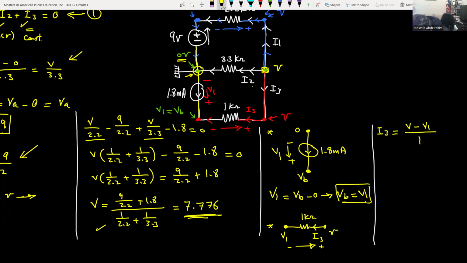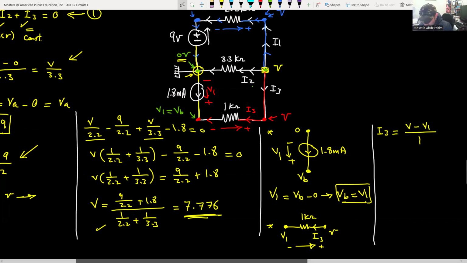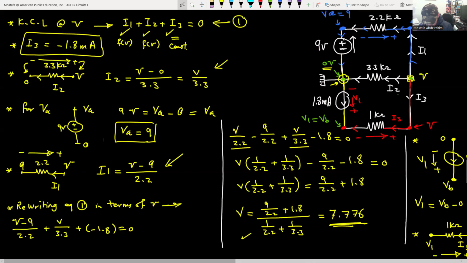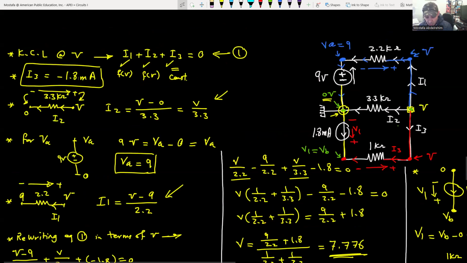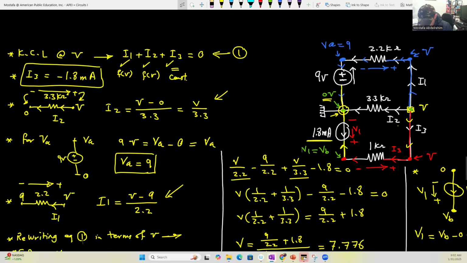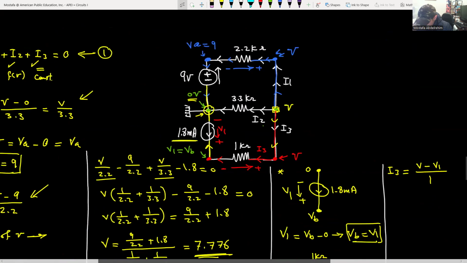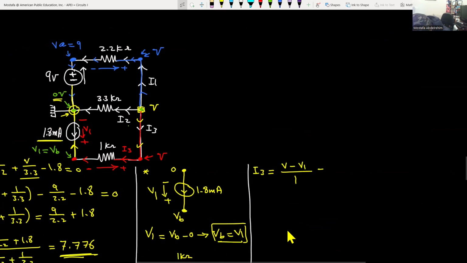Okay, so now, do we know I3? We don't know the value yet, but we know the equation. If you go back here, I'm sorry, we do know I3. I3 is equal to minus 1.8 milliampere because it's flowing in the same branch as the current source, but in the opposite direction. So it's equal to the current source value, but with a minus. So I3 is equal to minus 1.8 milli. So V minus V1, and what is V?